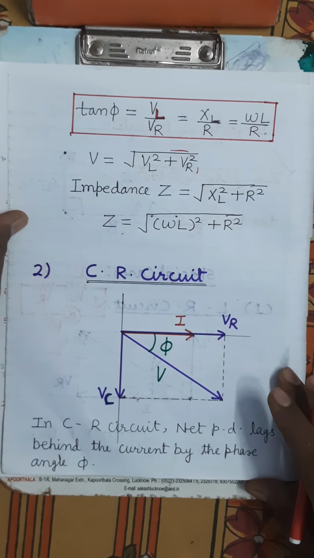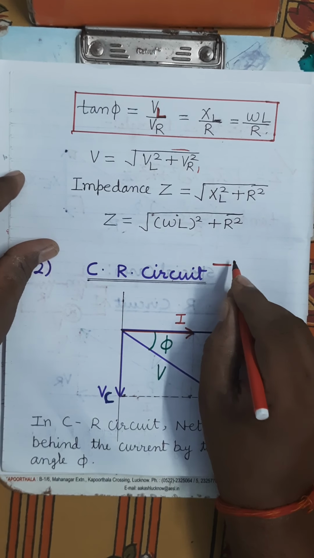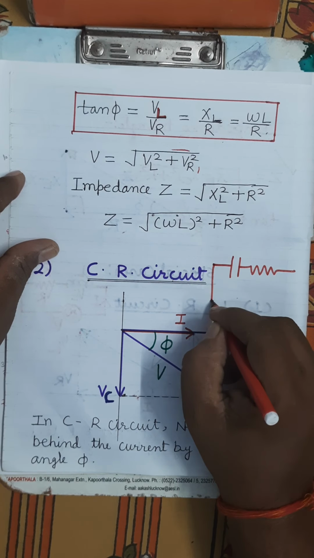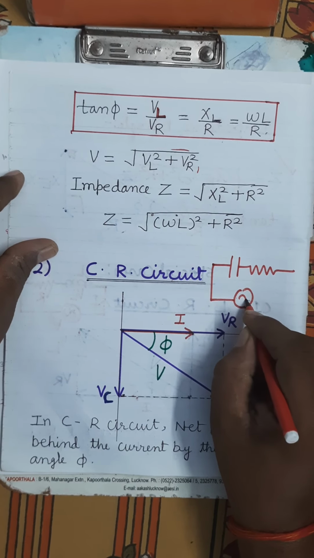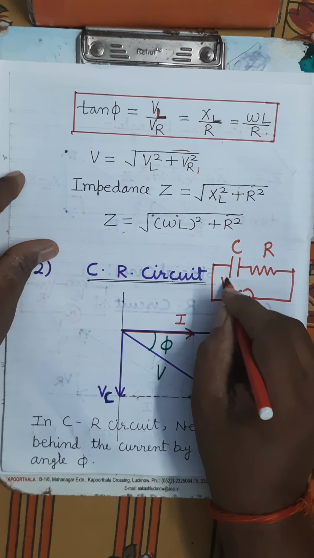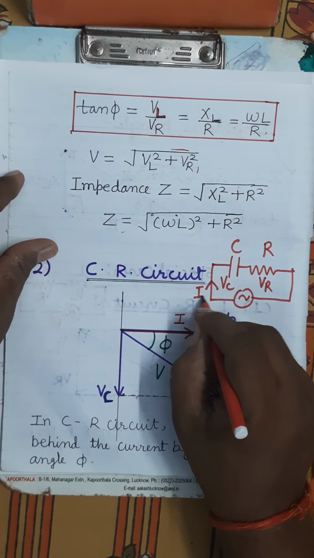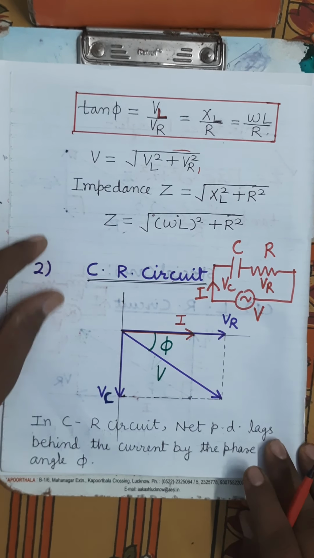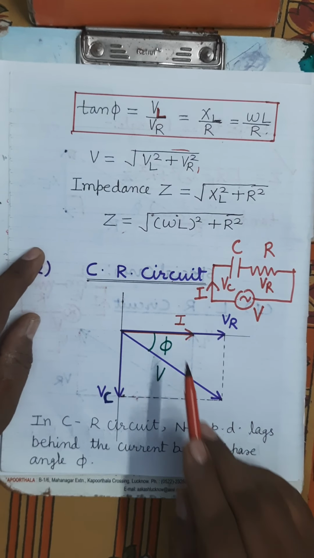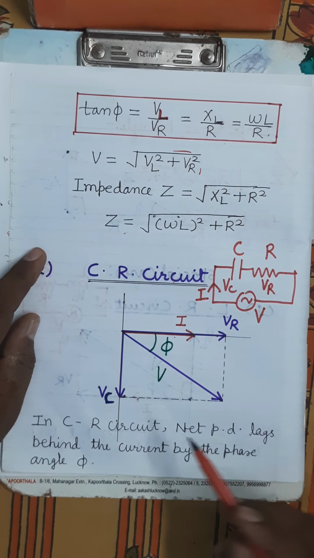Now the CR circuit. In the CR circuit, there is no inductor, only a capacitor and a resistor. This is C, this is R, this is VC, here it is VR. At any instant the current is I when the voltage is V. On the phasor diagram, VR and I are in the same phase.